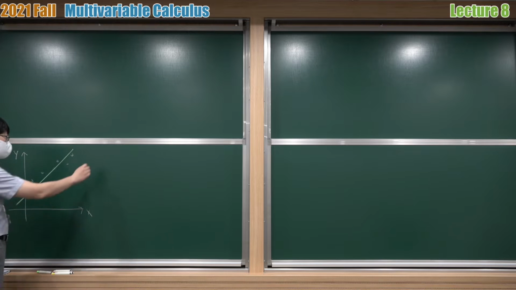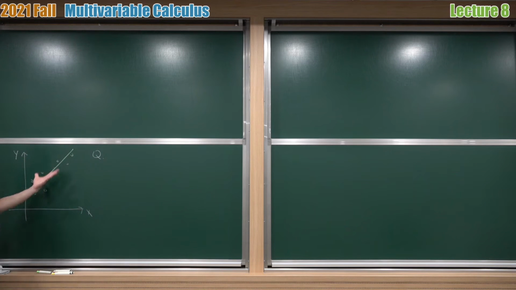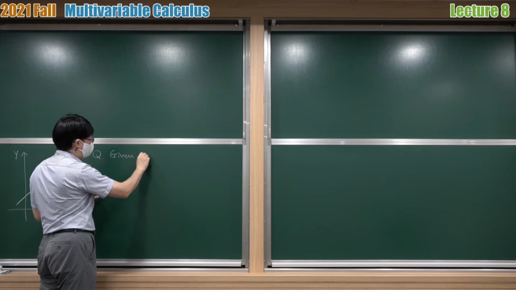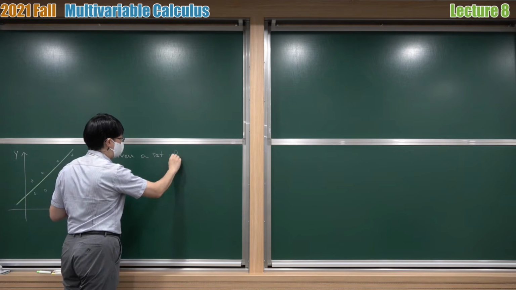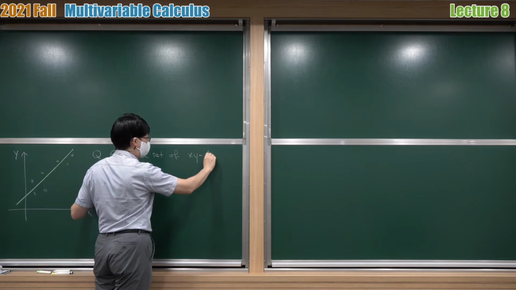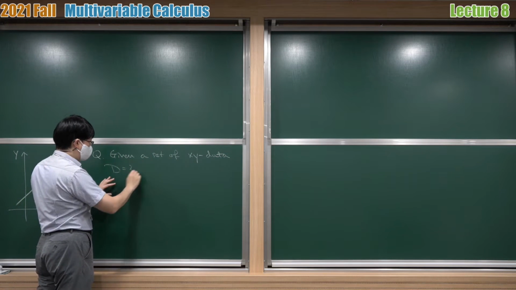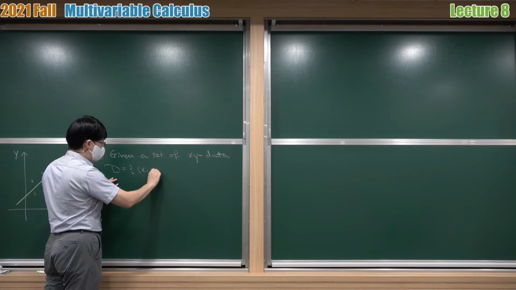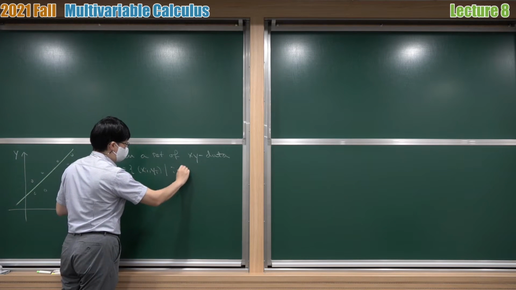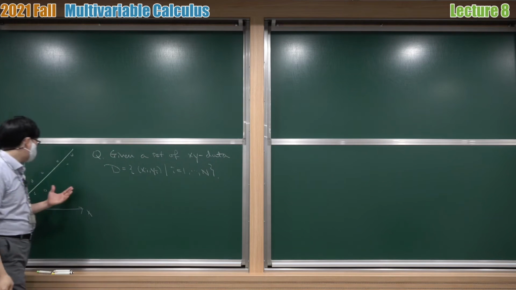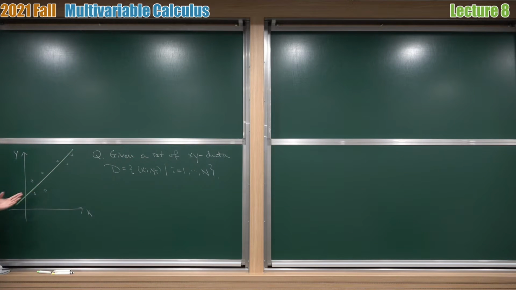So my question is, given such a set of data, so it's xy data. Let's say D is a set of data where i is from 1 to n. How can you find a line that fits the data?